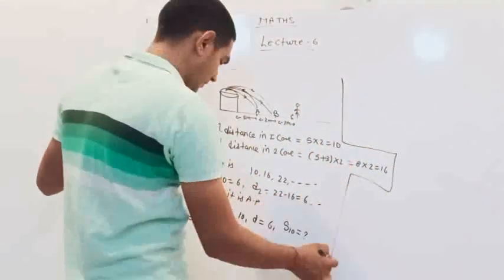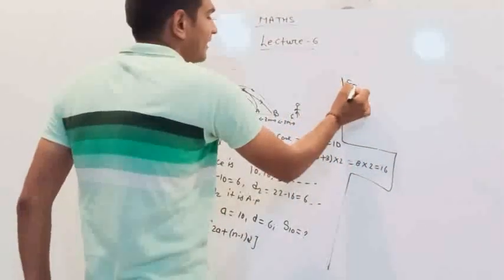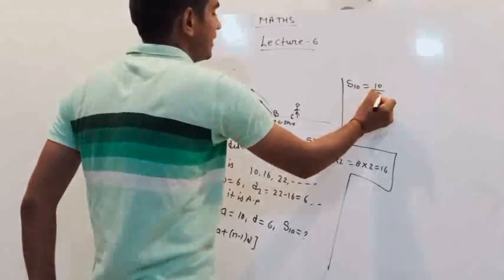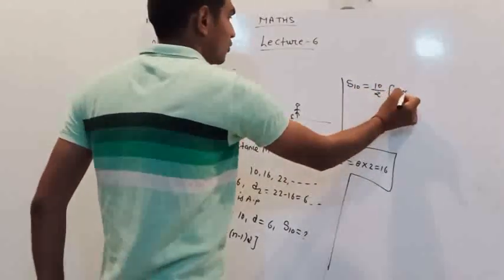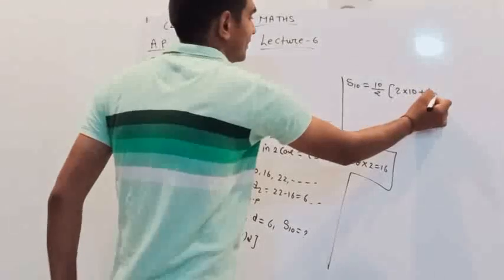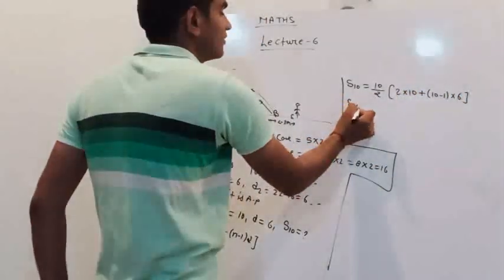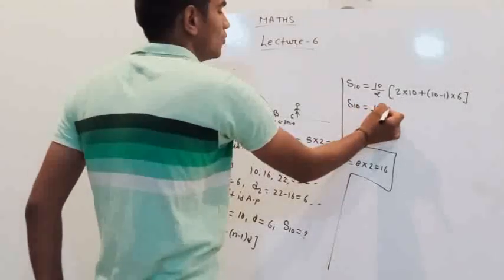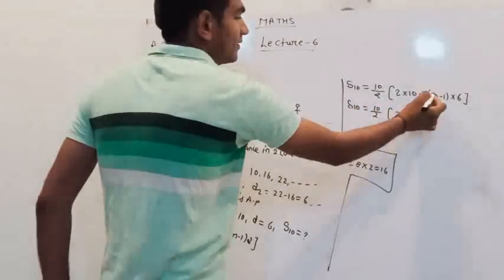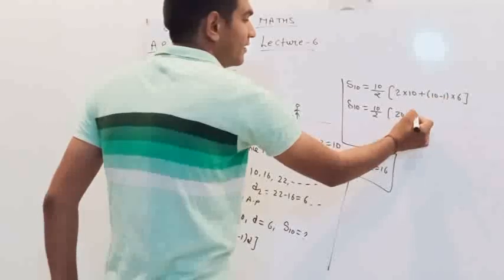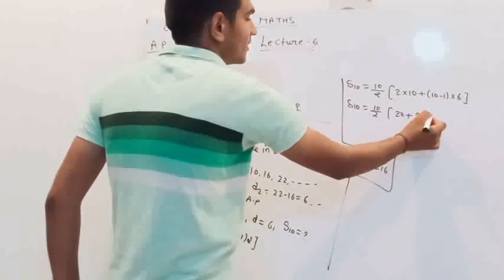Now substitute value as 10. 10 by 2, 2 multiply a plus n minus 1 into d, which is 6, as 10 by 2 into 20 plus 9, 10 minus 1 is 9, multiplied by 6.